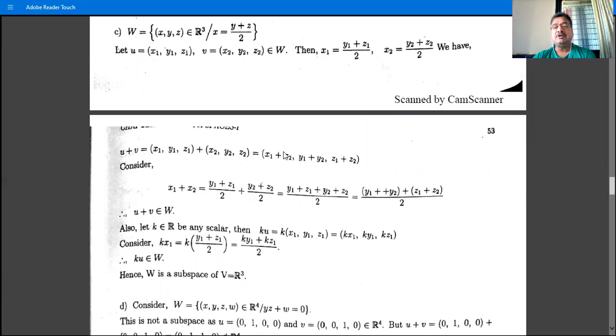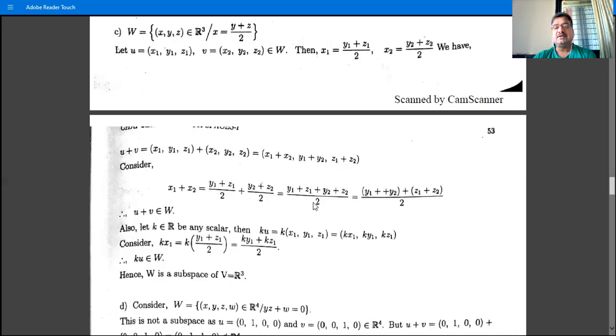So this is an element of W if x1 plus x2 is equal to (y1 plus y2 plus z1 plus z2) by 2, that is, this element satisfies the condition x is equal to (y plus z) by 2. So consider x1 plus x2. What is x1? x1 is (y1 plus z1) by 2, and x2 is (y2 plus z2) by 2.